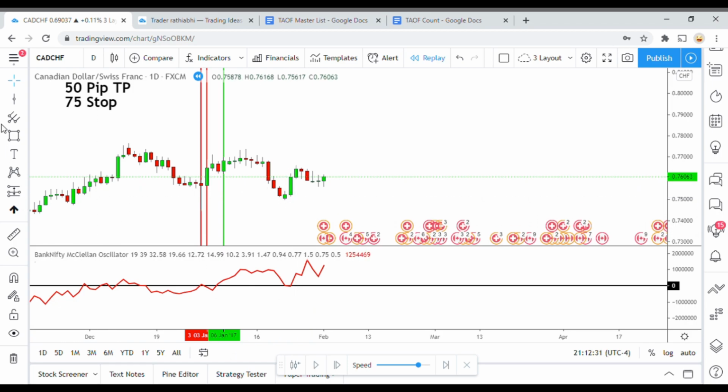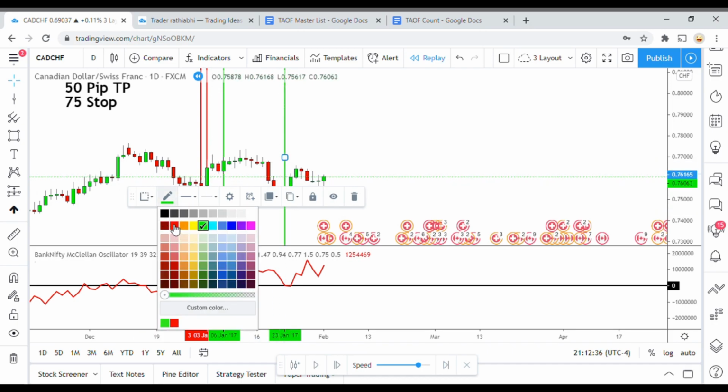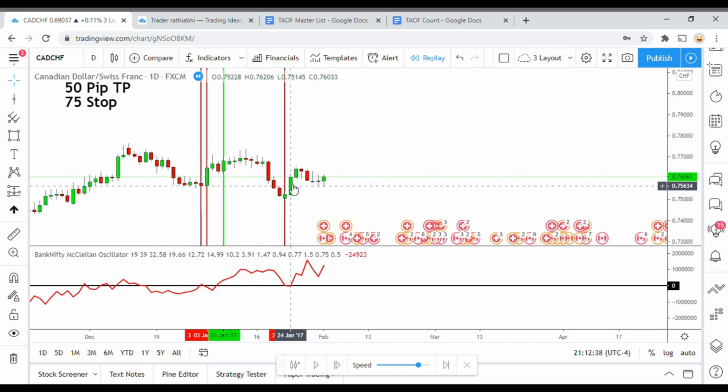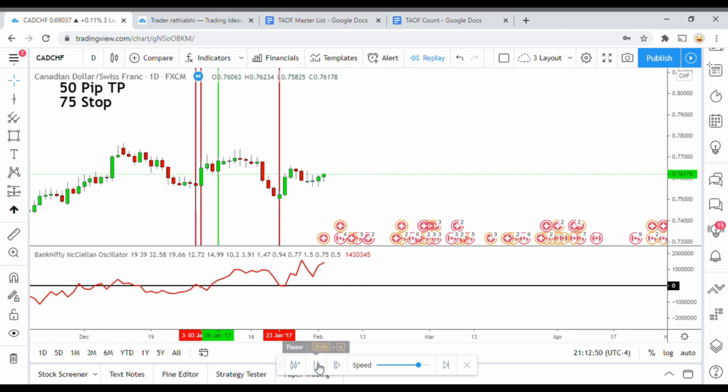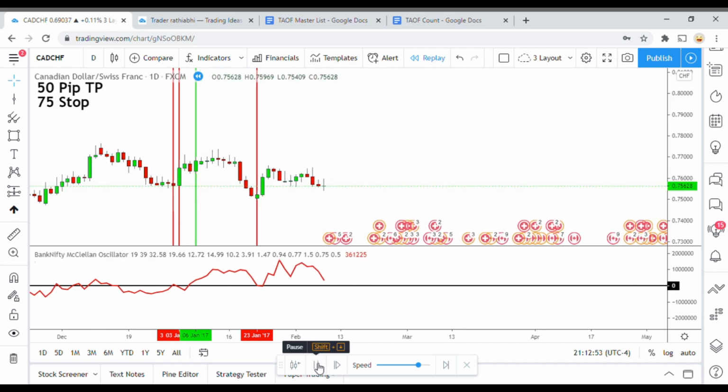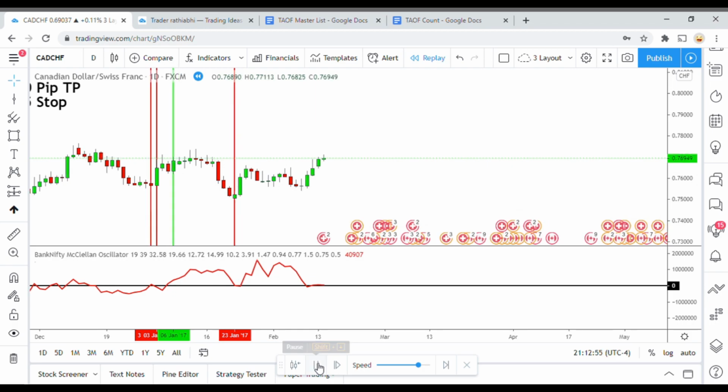Moving along here, we have this one. It threw a short signal right there, but unfortunately turned around immediately, giving us a long signal. Let's see. So it was this one. It gave us the long signal on. Let's play it forward here a little bit more.